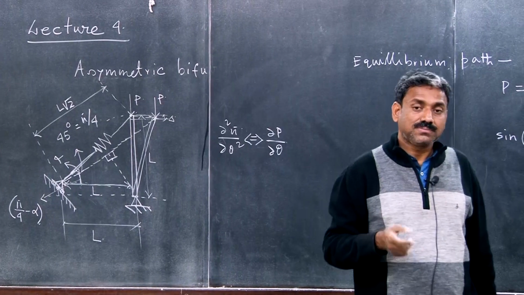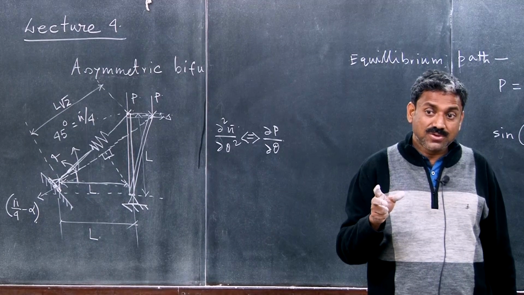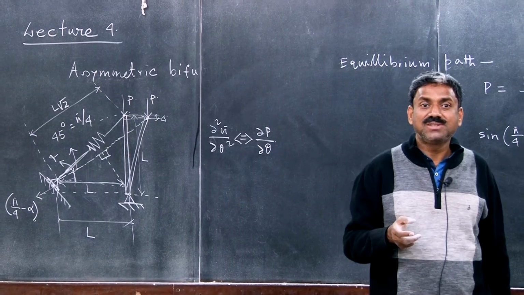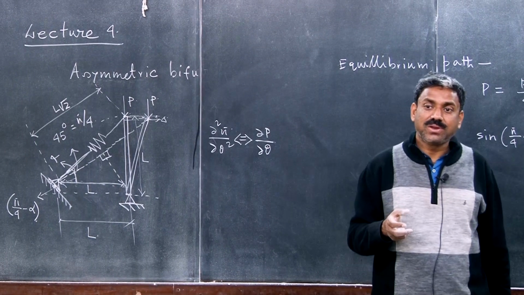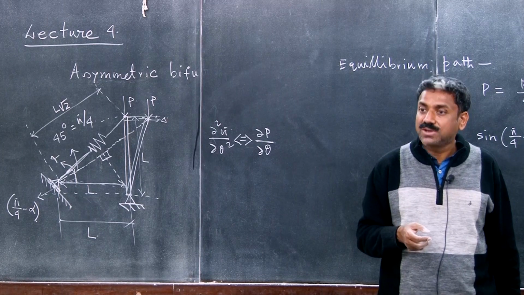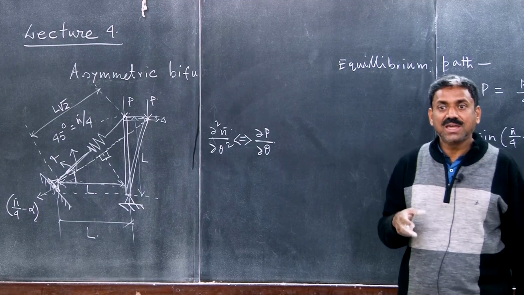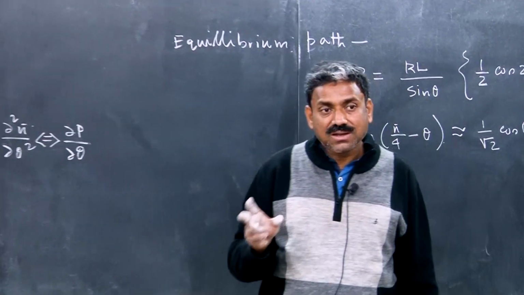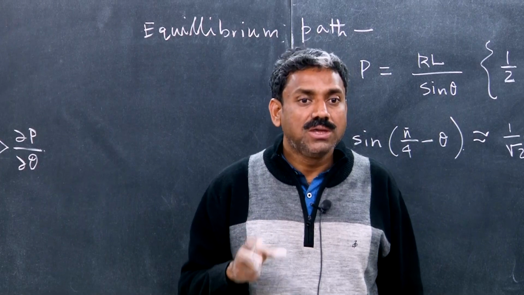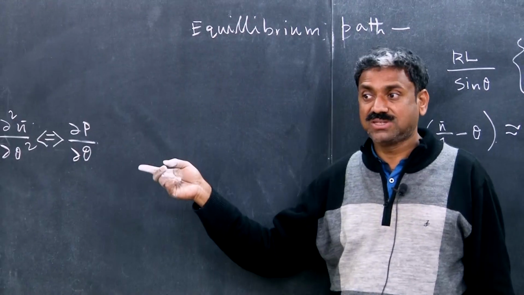That is why in one case it will show stable post-critical behavior, whereas in the other case unstable post-critical behavior. It is stable when the restoring moment dominates over the destabilizing moment, and unstable in the opposite case. But we are not considering the equilibrium directly or that kind of notion; rather we want a more objective assessment, and that is why we use our energy concept. Clear? But ultimately you must see what is happening.